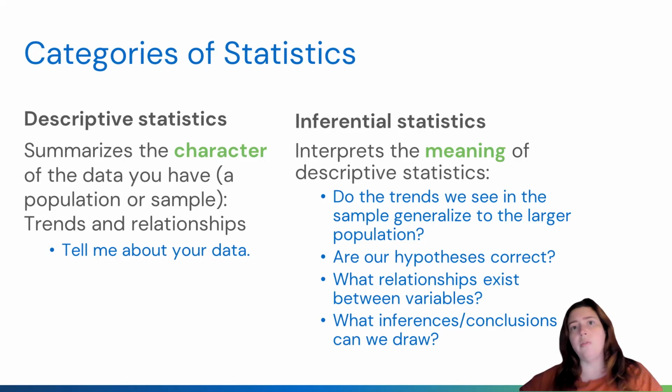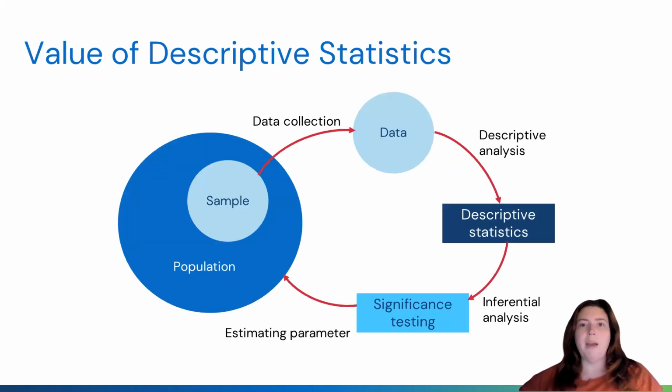It's important for us to first start with a good analysis of our data. What data do we have? Just to go back to where this comes from, there is a process to gathering data, and the relationship between descriptive and inferential statistics is pretty straightforward. Again, you start with a population, you draw a sample, and then from that sample you're going to draw some conclusions and inferences after you go through a very sophisticated process.